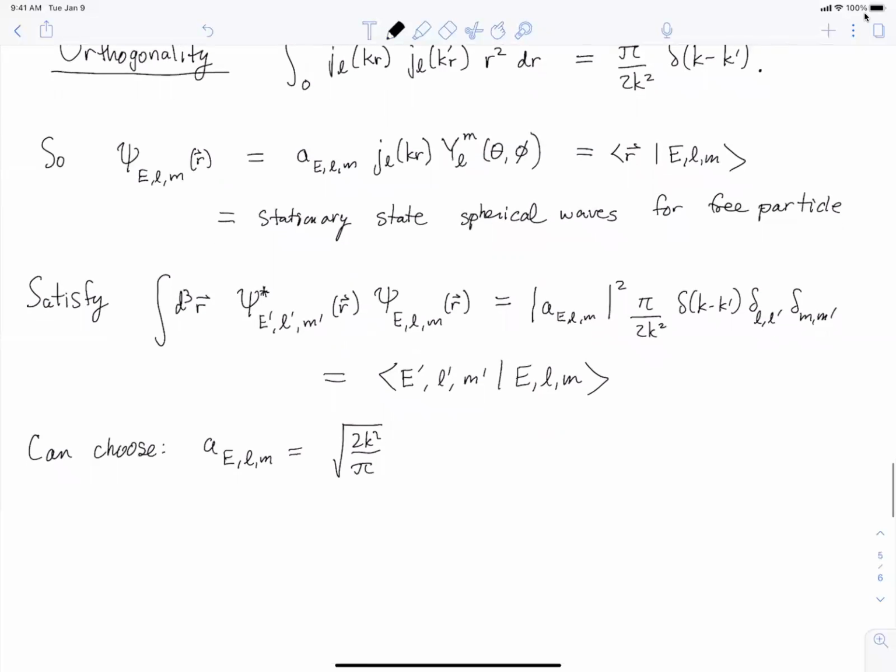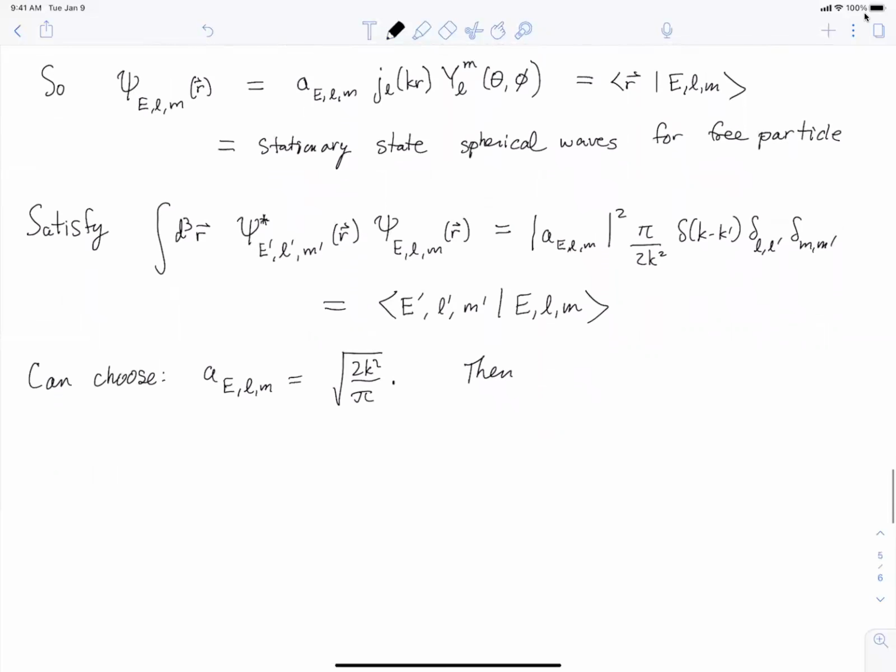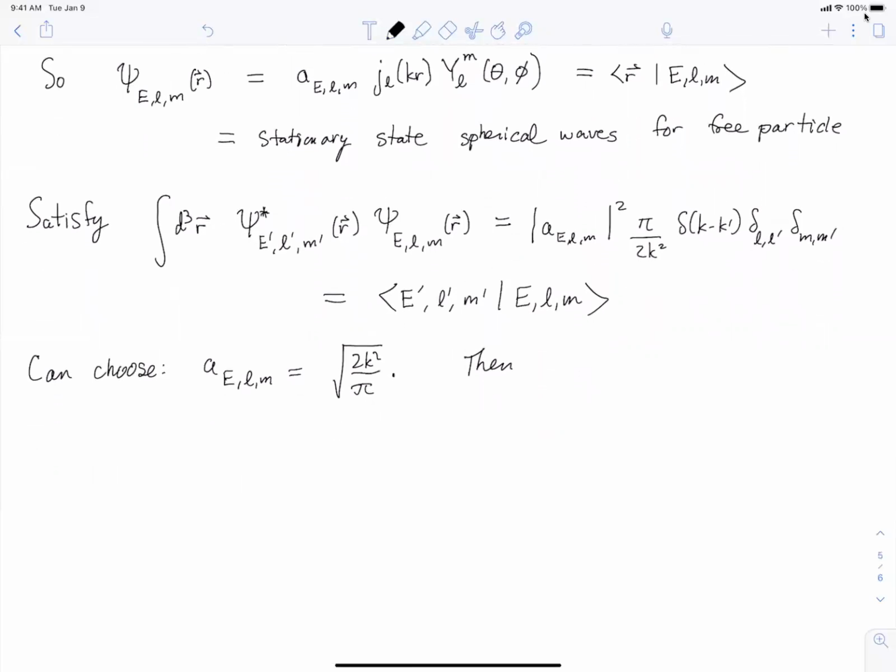But if we do that, then the following things are true. So first of all, rewriting the orthonormality condition, it just says this.